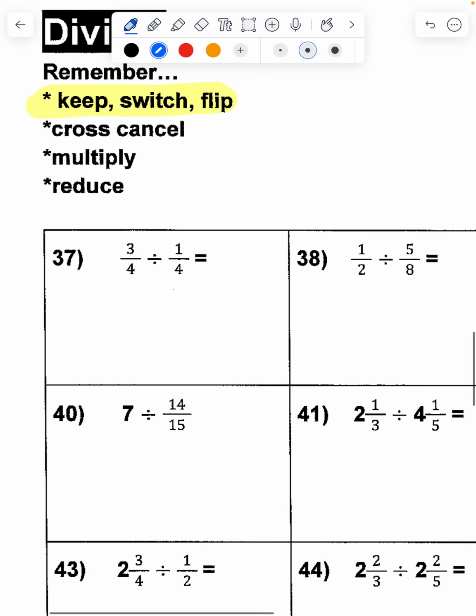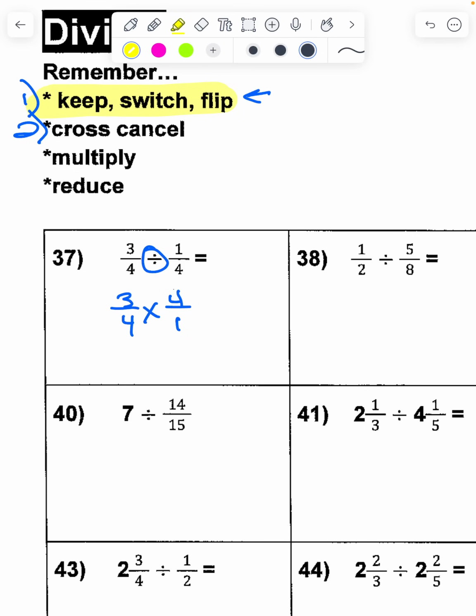That's what that's called. Okay, so the very first step, we're going to keep 3/4 the same. The division switches to multiplication, and then we flip the 1/4, meaning the numerator and denominator flip spots. So now it's 4/1. That's step 1.